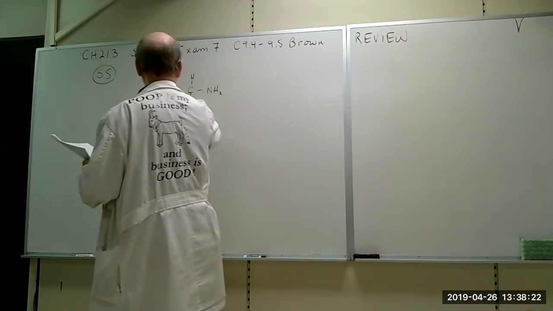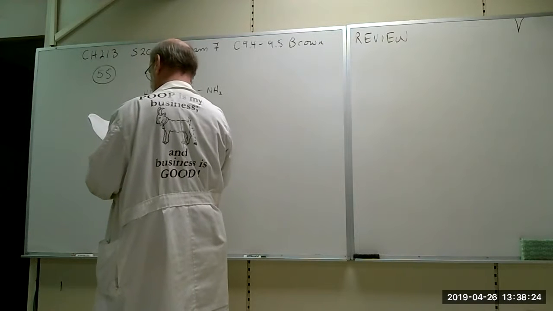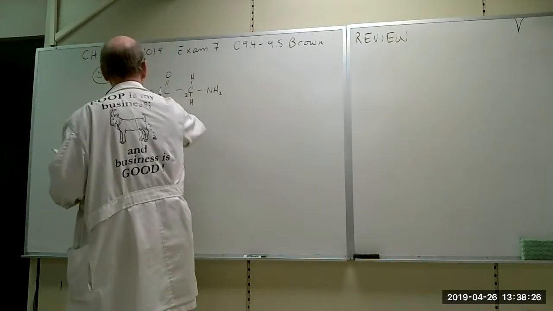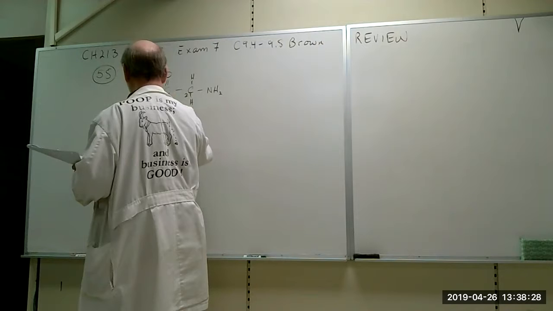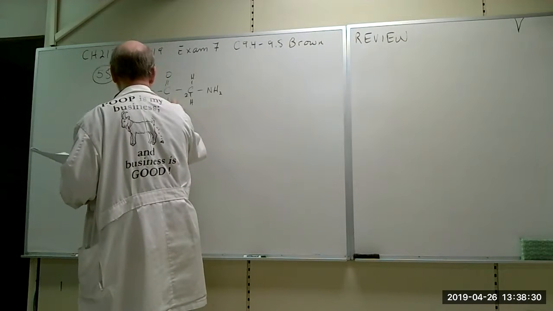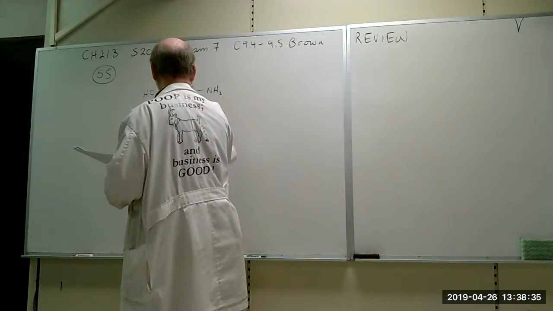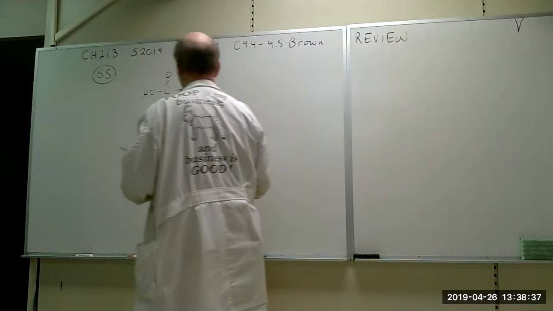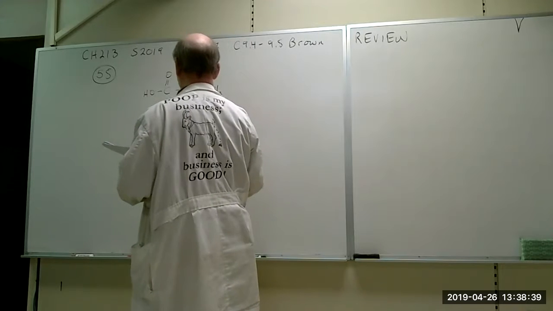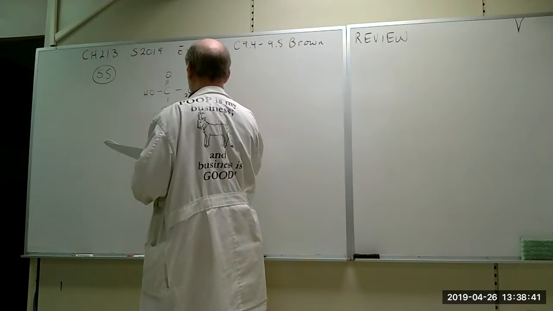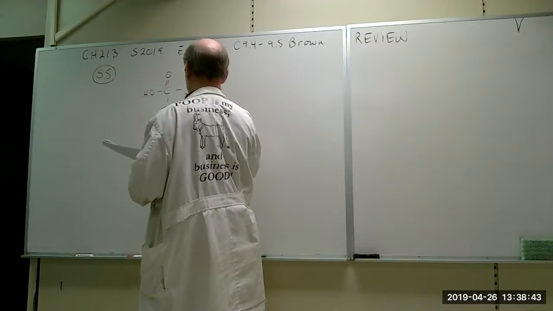Okay. So we got 2 carbons and 1 nitrogen. So the hybridization here is 1, 2, 3 groups. Sp2. 1, 2, 3, 4 groups. Sp3.